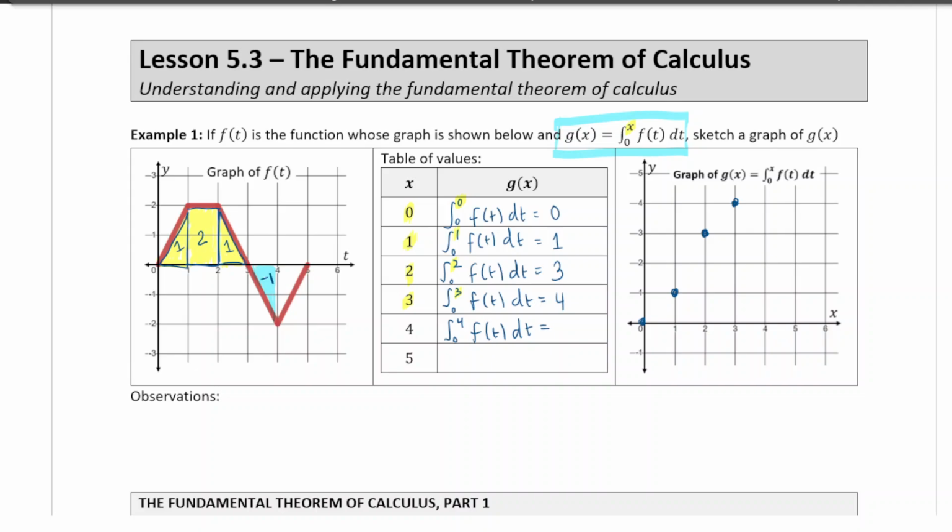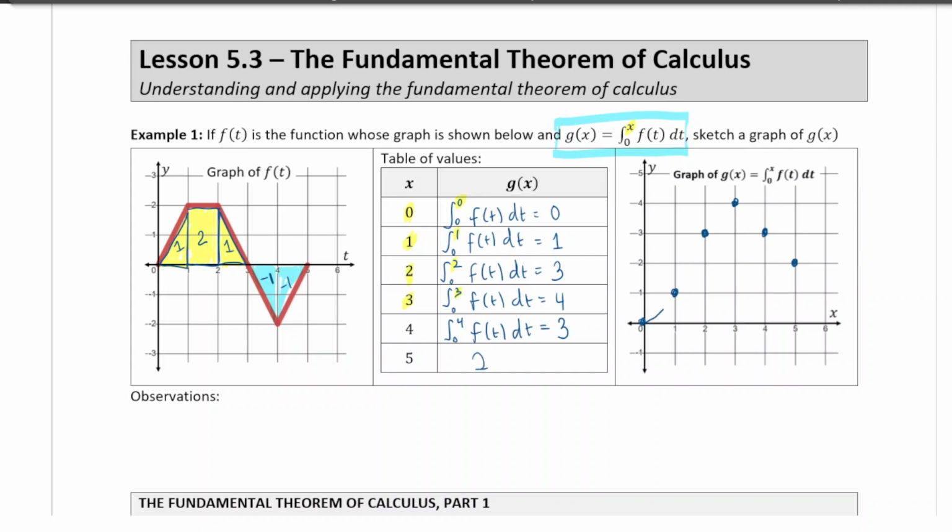So then the total area, if you add all those together, will be back down to 3. I'll plot that on the graph. And then finally, the last part, from 0 to 5, we'll have all of those added together, we'll have 2. And so we end up here.